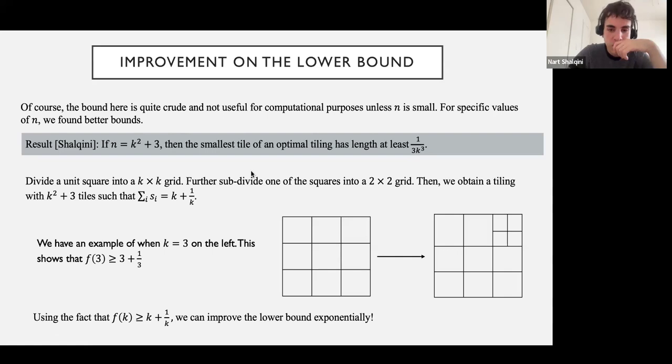You use some linear algebra and the Cauchy-Schwarz inequality relating the area of a square, which is 1, to the number of tiles and the sum of the side lengths. And you use the fact that f of n is greater than k plus 1 over k.